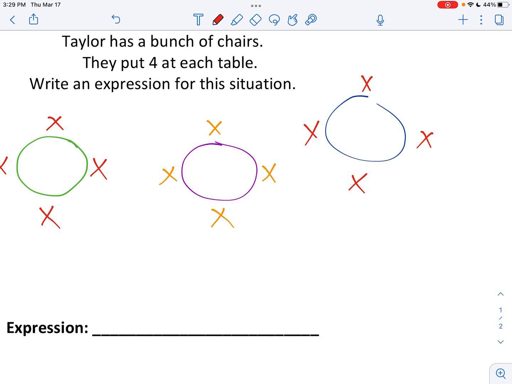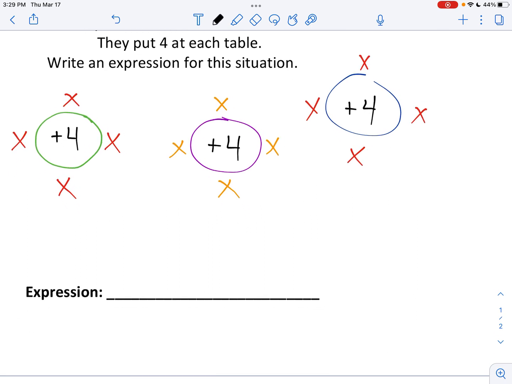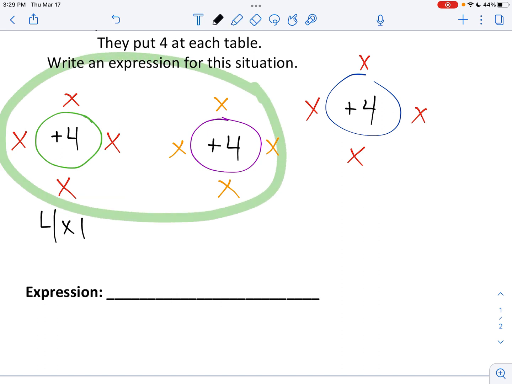But you know what? It is repeat addition. Here it is. There's 4 tables here. There's 4 tables here. And there's 4 chairs at each one. There's 4 chairs, 4 chairs, 4 chairs. So if I wanted to write an expression, all right, it's 4 every time, right? So let's see here. The first time is 4 times 1. So then if I do 2, it's 4 times 2.